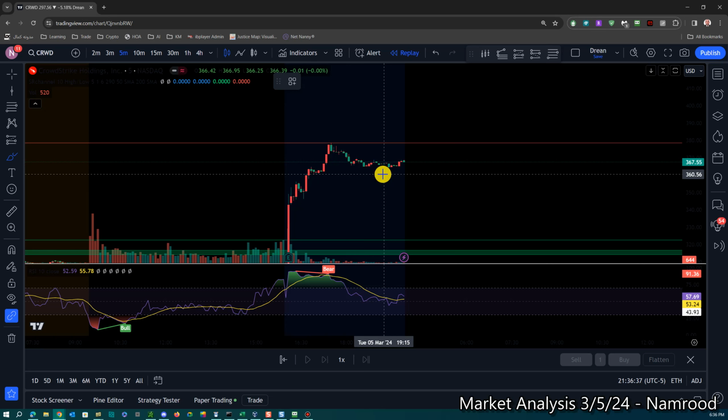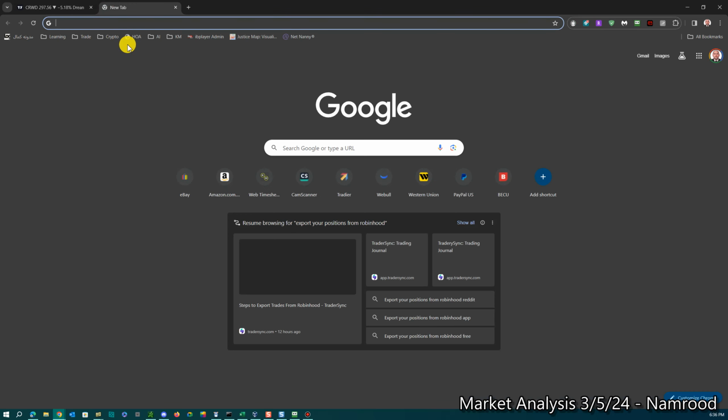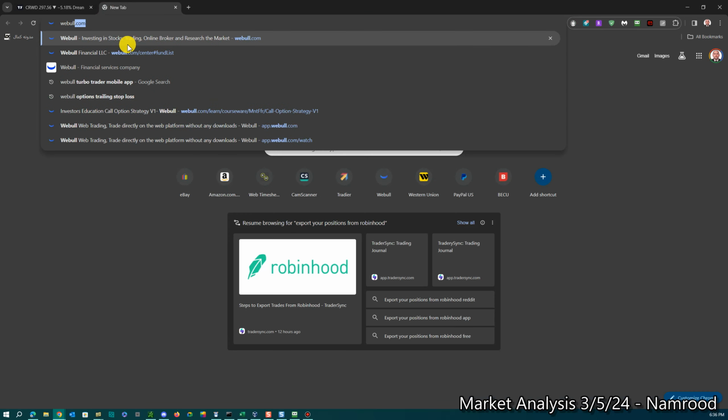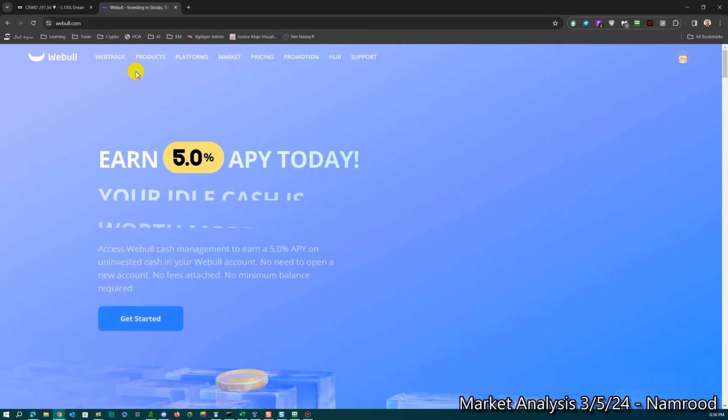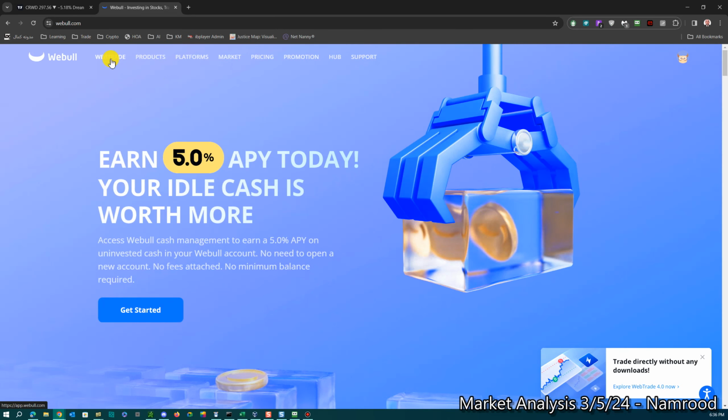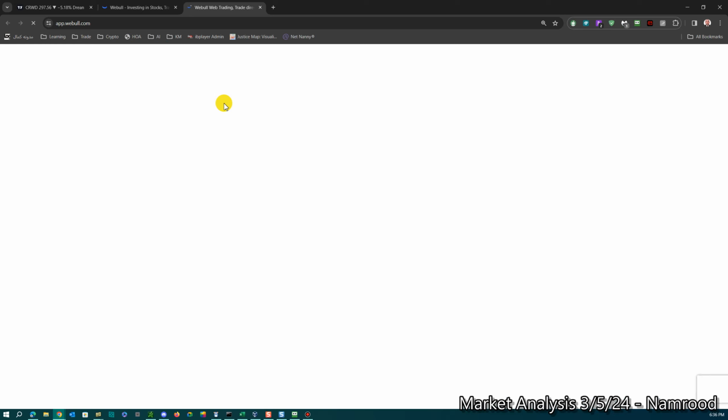Be expecting that the price that you're going to see, like for example, if I went to Webull right now, and again, I also like Webull. So you can still see the screen, right? Okay.